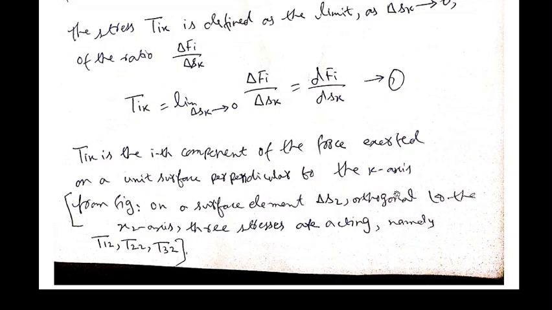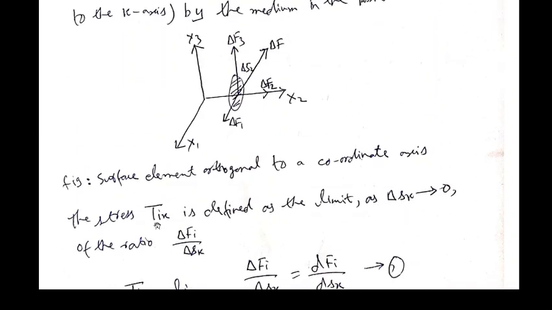And from the figure, as I have told, this delta S2 is an element which is orthogonal to the x2 axis, lying in x1 x3. Earlier you said that x1 is perpendicular to this, not x2 is perpendicular to this surface element with area delta S2.